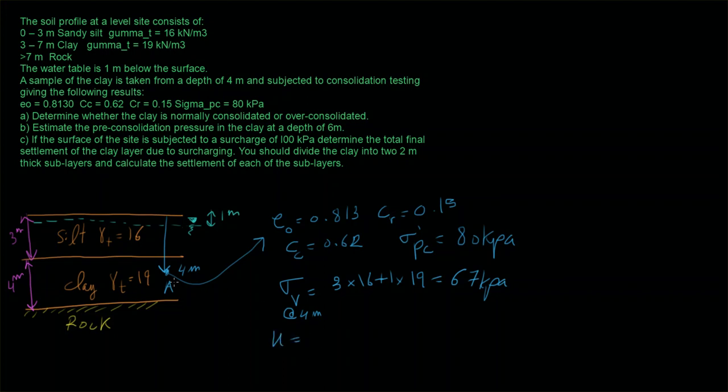From this point to this point we have 1 meter plus 2 meters, that's 3 meters of water, which is 29.4 kPa.